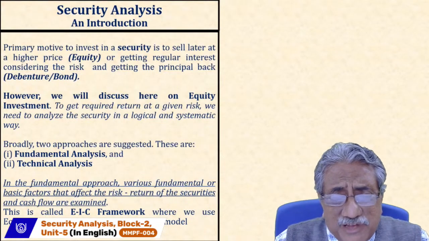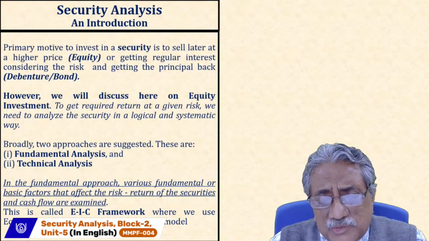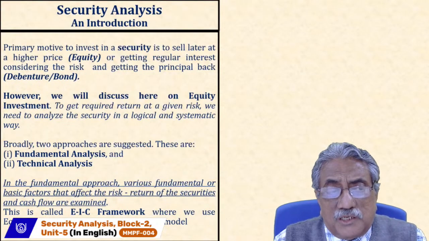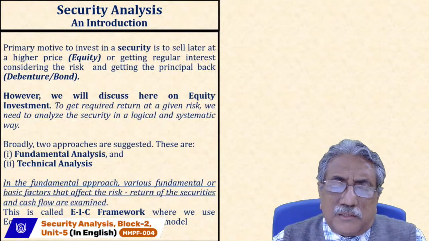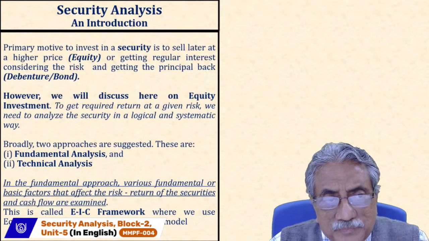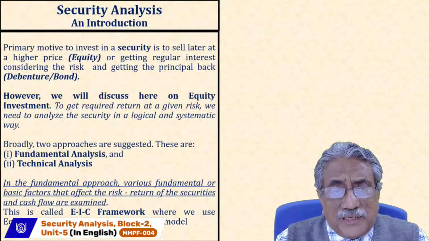So there is an intrinsic value and there is a market price. If the intrinsic value is more than the market price, you will like to buy the share with the expectation that it will go up, and you will sell when it reaches the targeted return. So this is about equity investment.